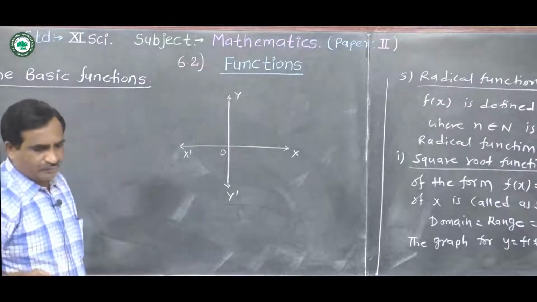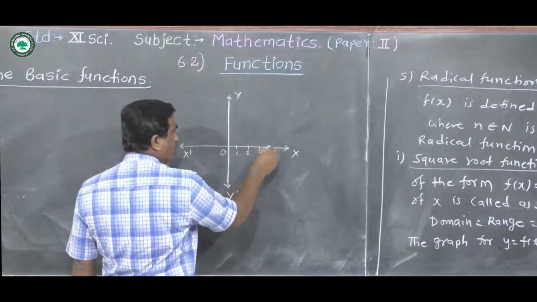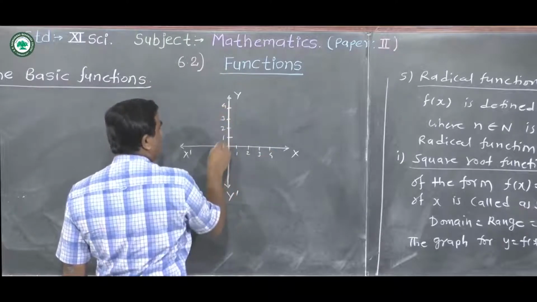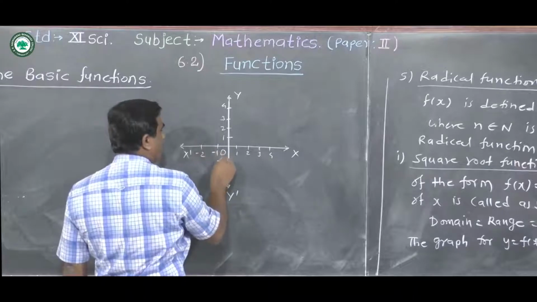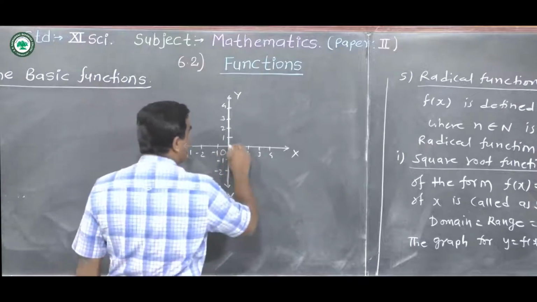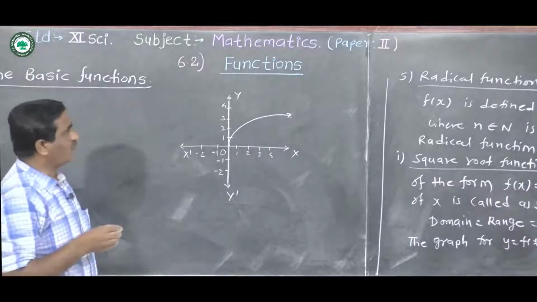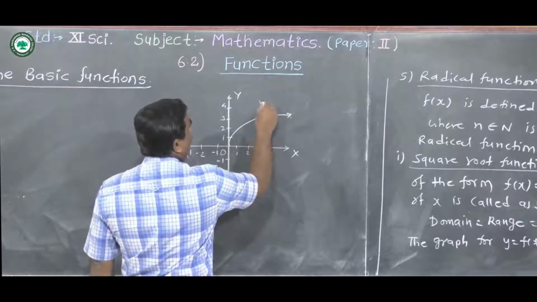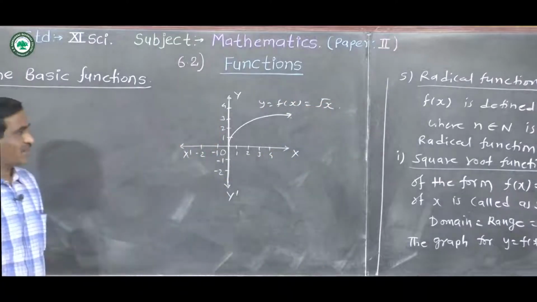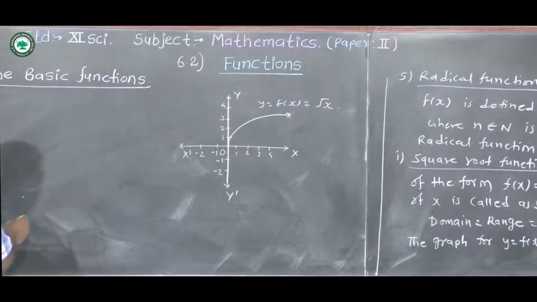We can take scale on the x axis 1 2 3 4, here also 1 2 3 4, here -1 -2, -1 -2, and the graph for this square root function we can draw like this. This is the graph for the function y is equal to f of x is equal to square root of x.